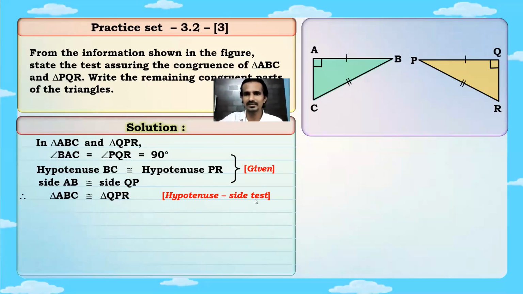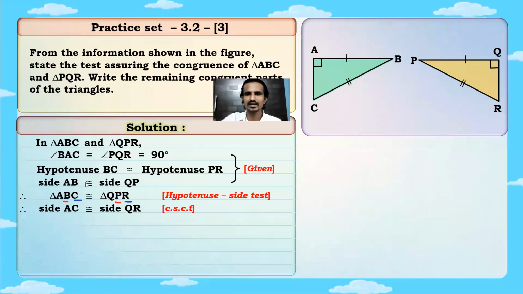So in remaining sides, the side which we didn't use during the test was AC and QR. So they are equal. So in the remaining parts, we'll have side AC congruent to side QR. When we talk about angles, now see, angle हमने A और Q use किया, but the other pairs like angle B and angle P, they will be equal, and we will have angle C and angle R. So these are the two pairs of equal angles.